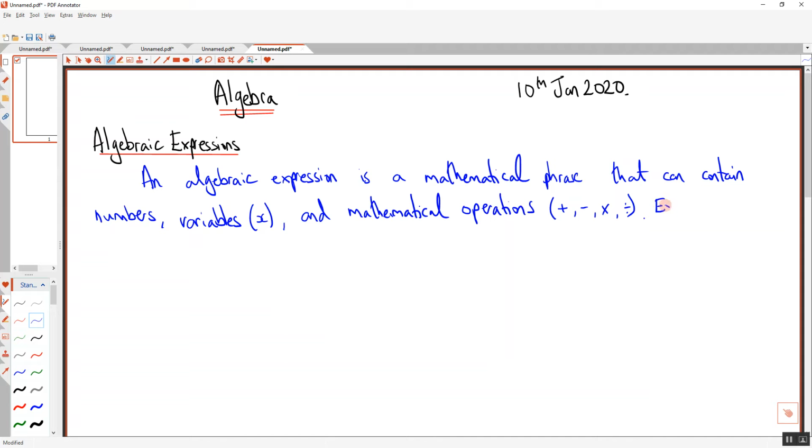Okay, an important point. Expressions do not contain equals signs.